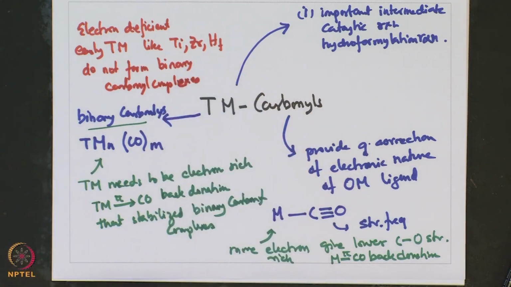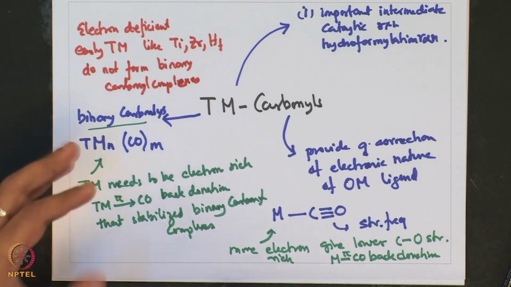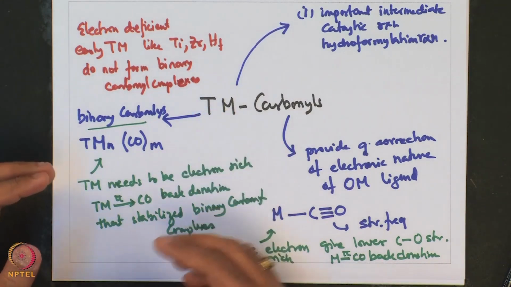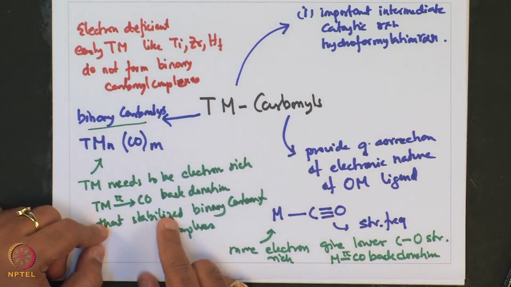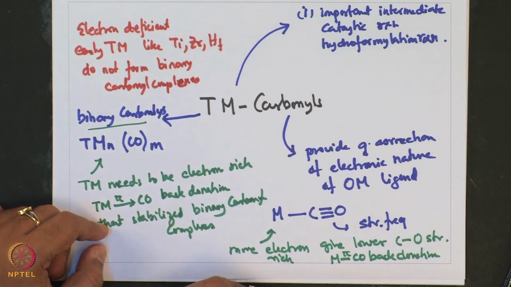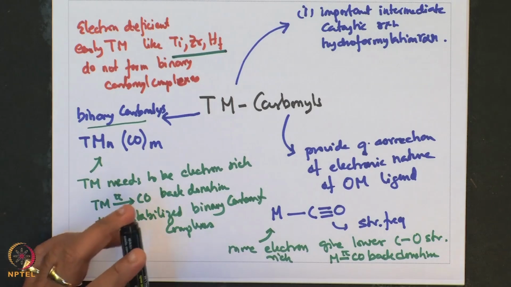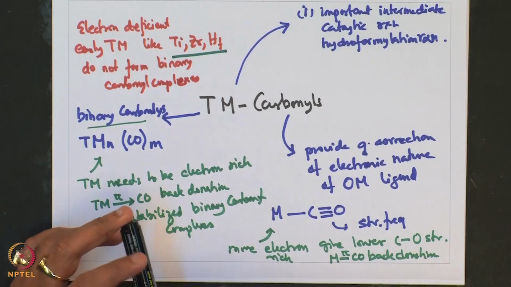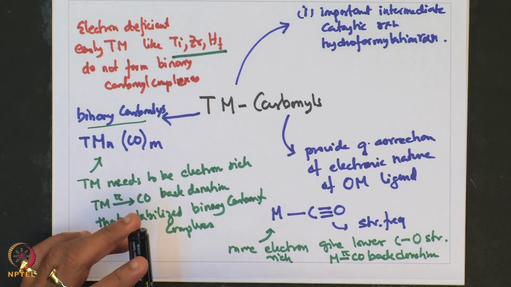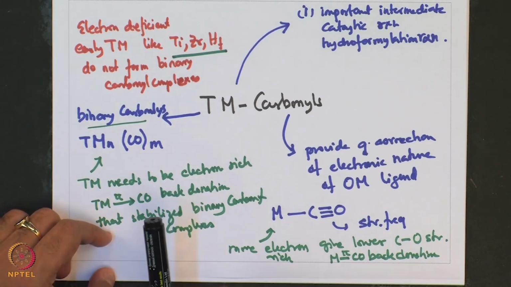This is an important observation, because binary carbonyl complexes are mainly stabilized by metal to carbonyl pi back donation, and for transition metals which are not efficient in displaying a significant amount of metal to ligand pi back donation, binary carbonyl complexes do not exist. The examples in this regard are titanium, zirconium and hafnium, which are group 4 elements, and they are electron deficient enough to not facilitate the transition metal to ligand pi back donation.